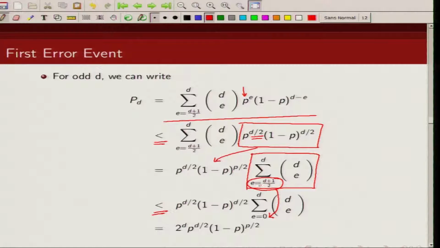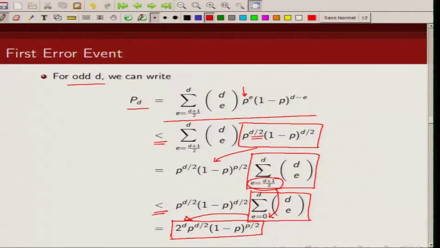So, instead of e equal to (d+1)/2, I am adding more terms, starting from e equal to 0. That is why this upper bound came, and this is nothing but 2 raised to power d. So, for odd d, I can write this first event error probability as upper bounded by this quantity.